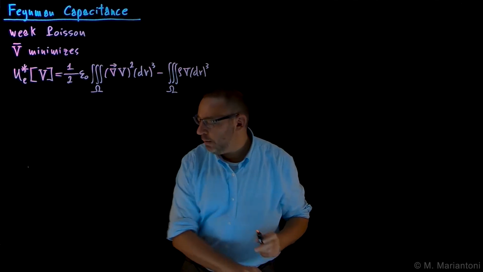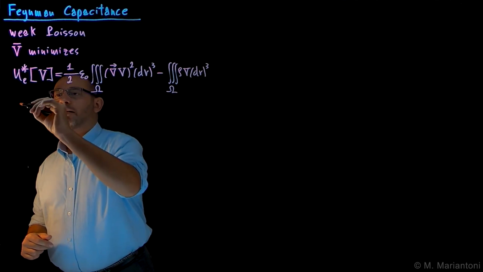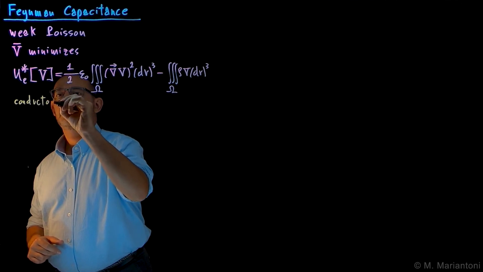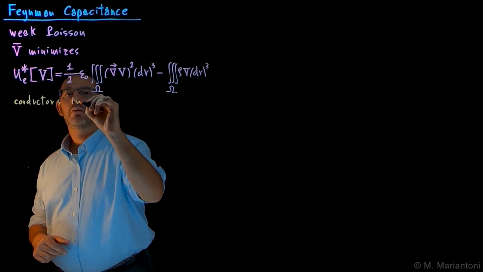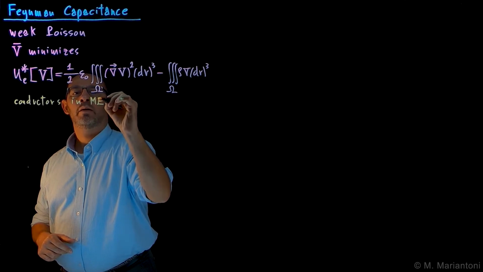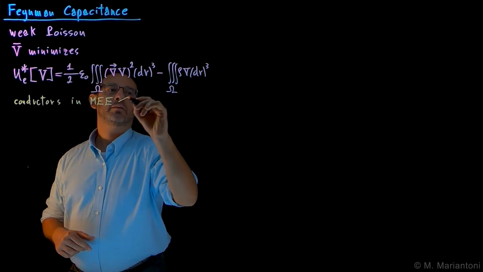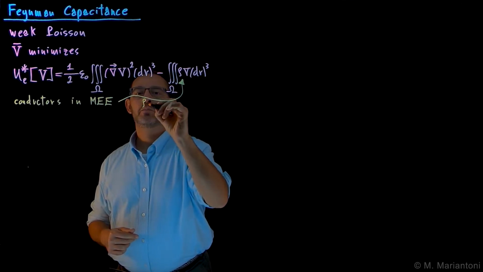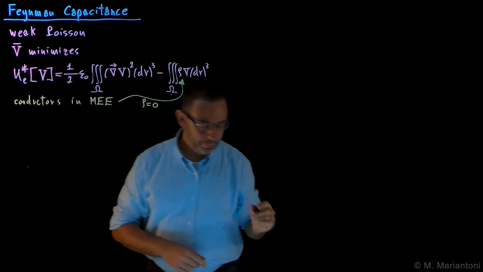In the case of conductors in macroscopic electrostatic equilibrium, well, we know that this rho has to be equal to 0 at each point inside capital Omega.